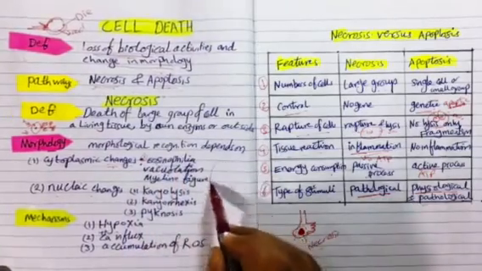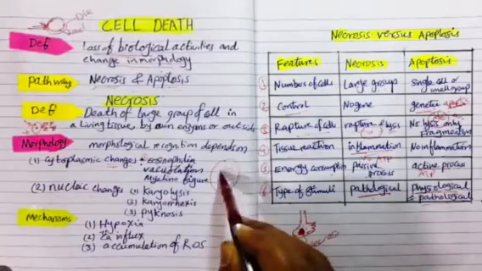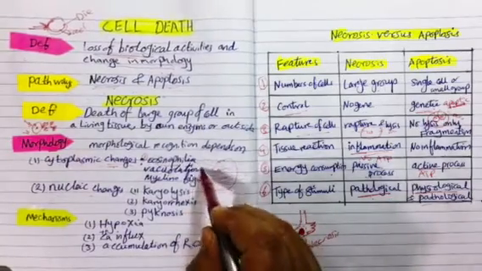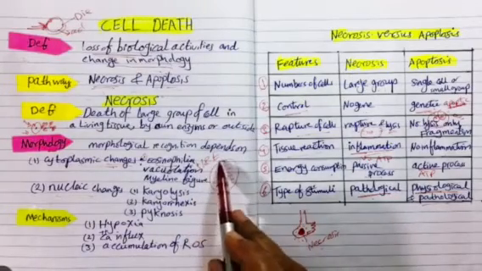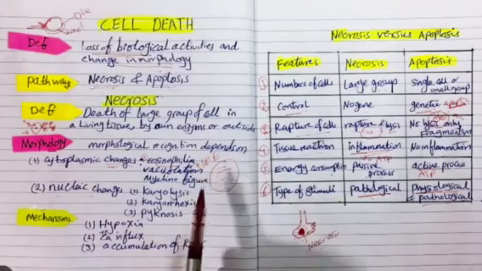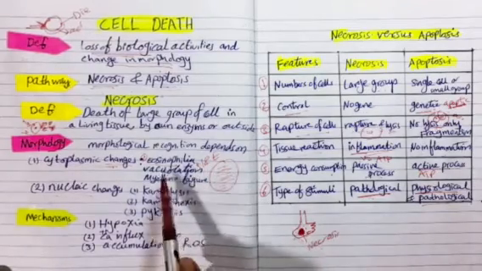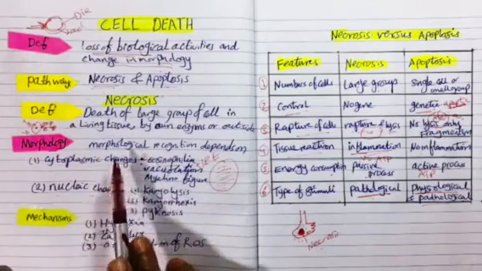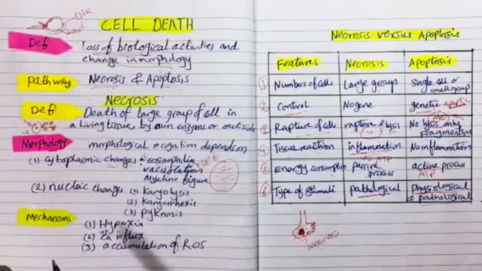That is to say, if this is a cytoplasm, you will find a red or pink color when you stain the tissue with H and E stain. H stands for hematoxylin, E for eosin. It's a routine stain used for histopathology. So in necrosis, you will find red or eosinophilic cytoplasm.